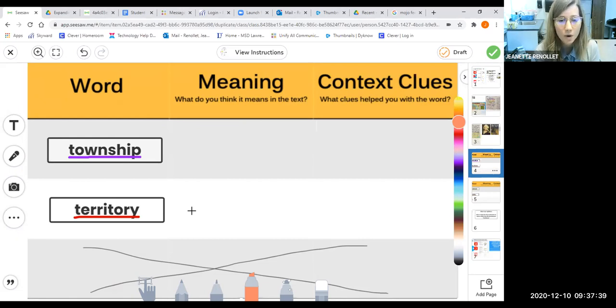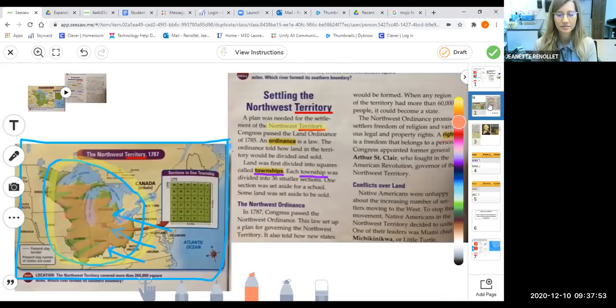On slide 4, you see 2 words from our text today. The first is township, the second is territory. These 2 words came from our text.